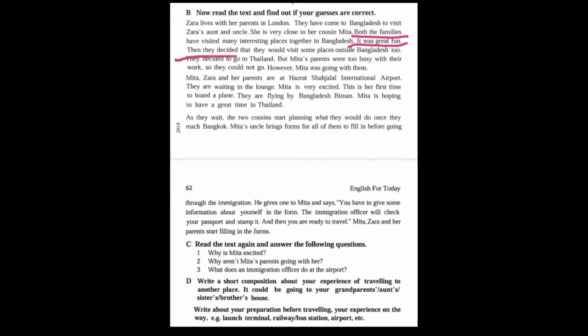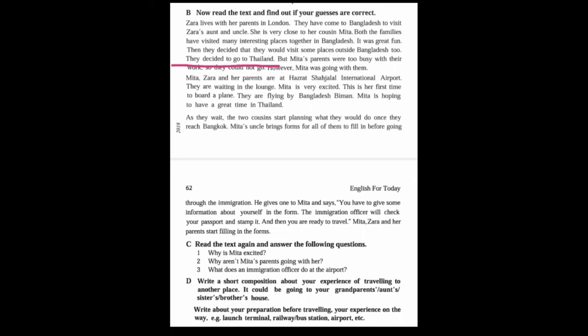Then they decided that they would visit some places outside Bangladesh too. I mean they decided that they would visit some places outside Bangladesh too. They decided to go to Thailand. It's a simple sentence.